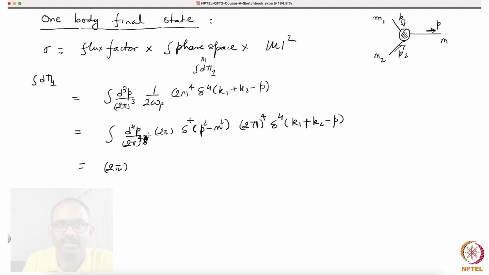In doing the integral, we take away this delta function and replace p by k1 plus k2. So I get k1 plus k2 whole square minus m square. That is fine, that is good.